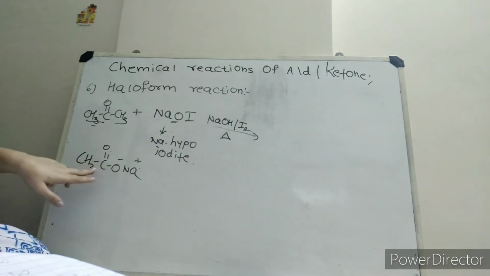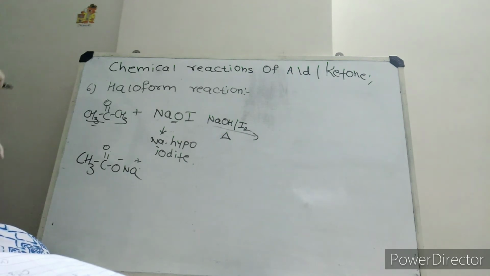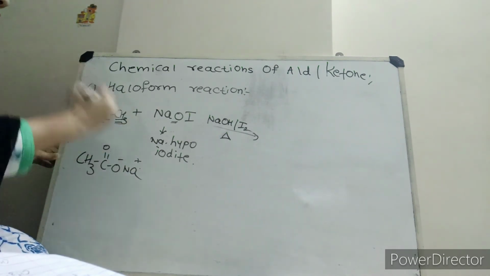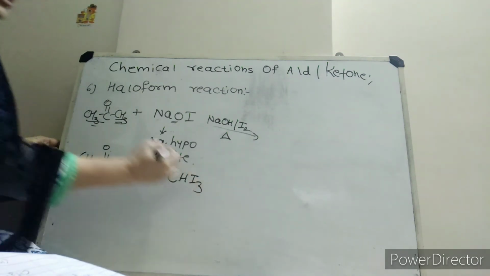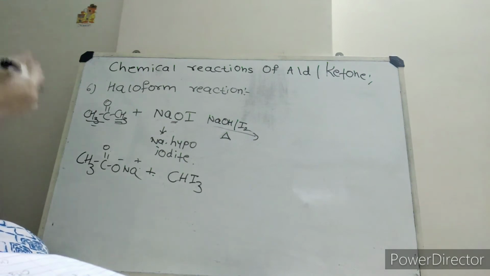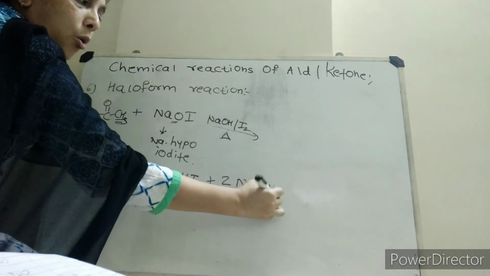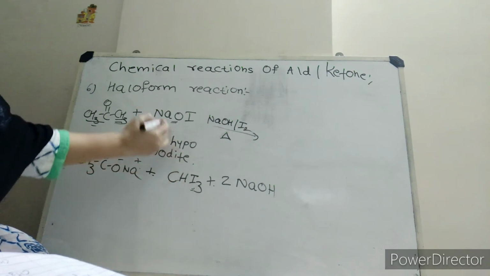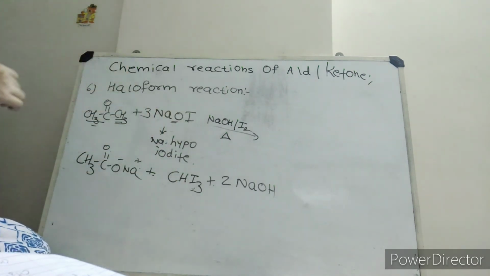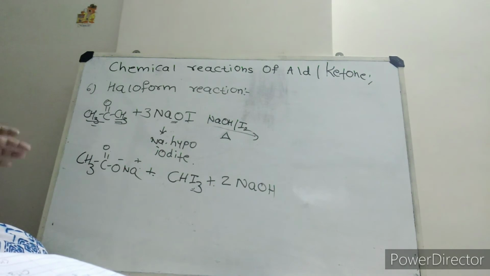It is the sodium salt of the carboxylate ion, sodium acetate we can say, with one carbon atom less. This CH3 group becomes CHI3, iodoform, which we get by the removal of excess NaOH. So we have to balance this reaction. Iodine is 3, it's 1. So make it 3 NaOH, and it is CH3COONa, and it forms 2 NaOH.